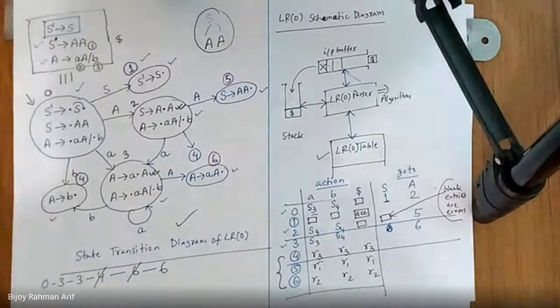So this is the LR0 parsing process. Now, is it enough? Is there any problem in this procedure or not?